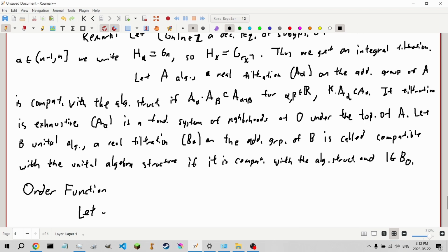Let E be the identity of our group G, and G_alpha a real filtration. Let's rewrite that actually.